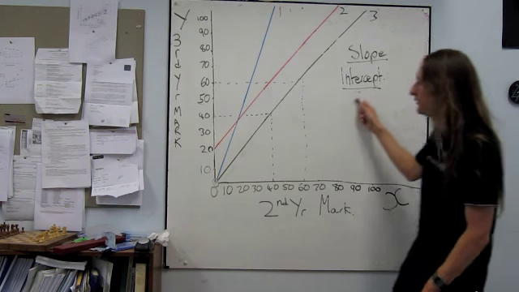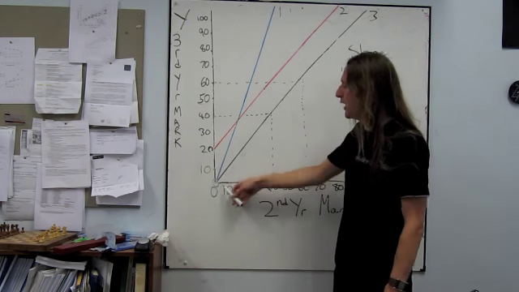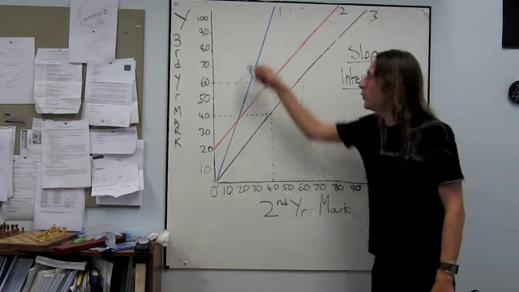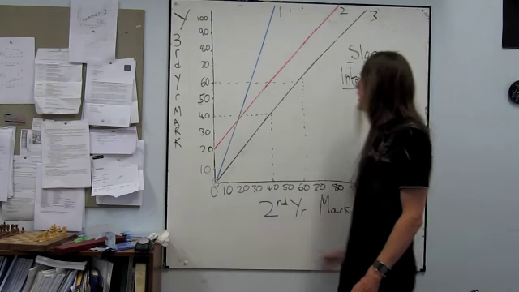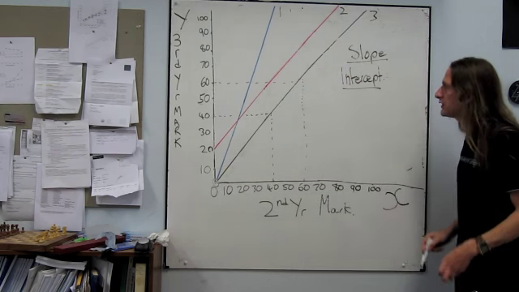Okay, so the intercept's very simple. We just look to see where the line crosses the y-axis, or what is y equal to when x is equal to 0. Now the slope is slightly more tricky. In order to calculate the slope, we need to use this little equation here.